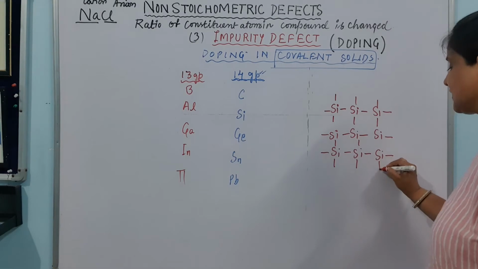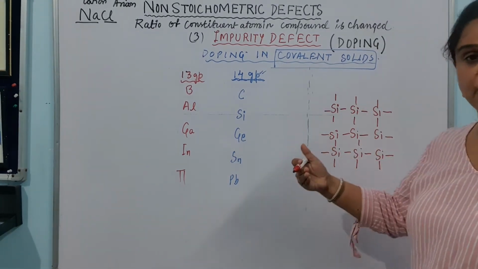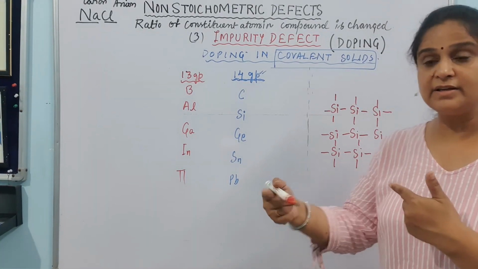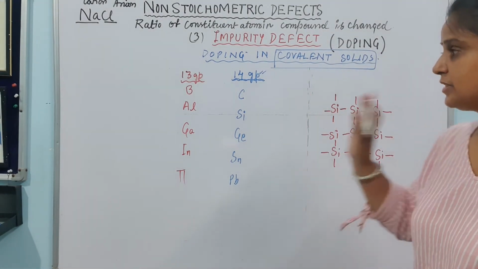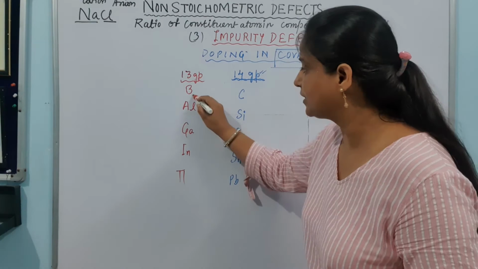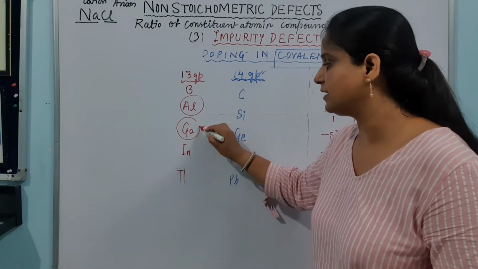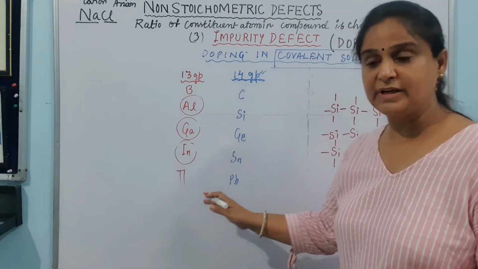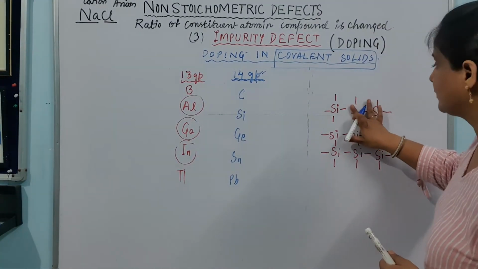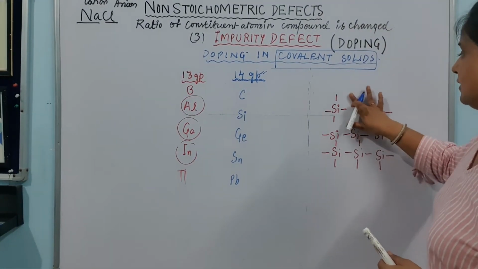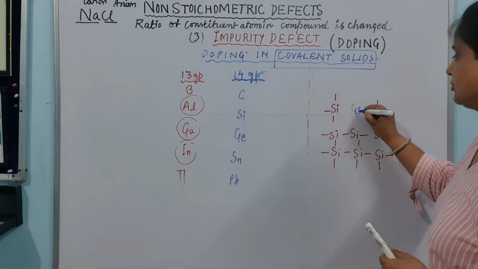So it is a satisfied crystal having 4 bonds connected with each other, where the silicon is satisfying its valency completely. Now what I have done is I have doped it with aluminium, या gallium, या indium. I am doping it with something else, suppose gallium. So I am removing this and adding gallium into it.